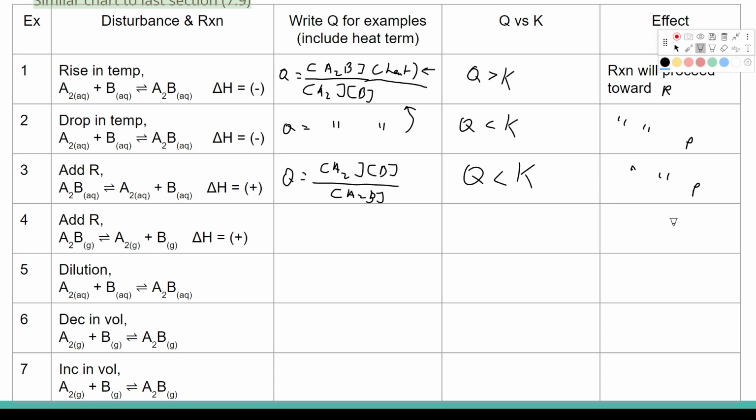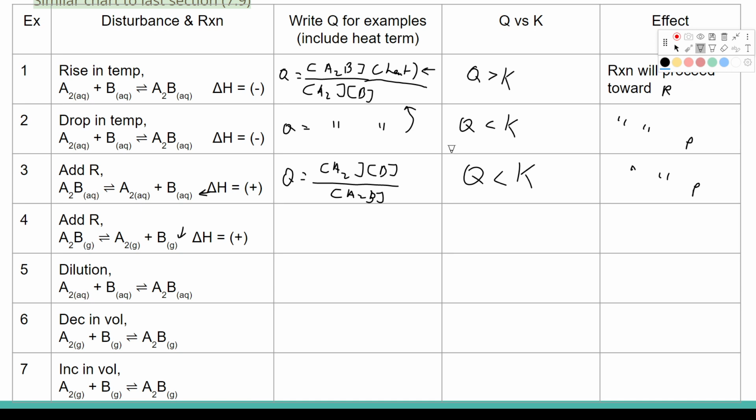Okay, so for number 4, adding reactant. Now, this one is interesting because it's all gases. Notice that this was aqueous; these are gases. And so you have to consider what's happening in the situation.